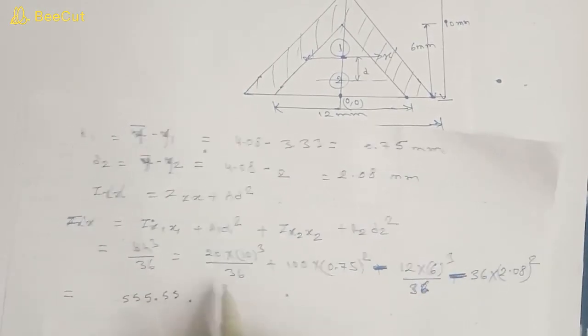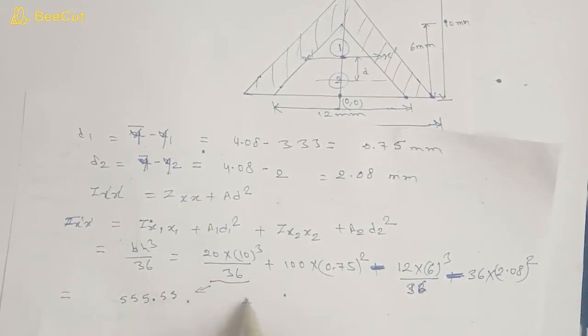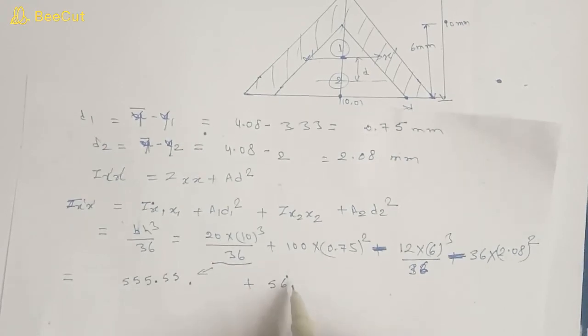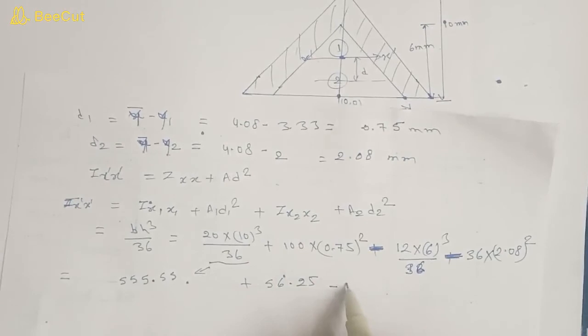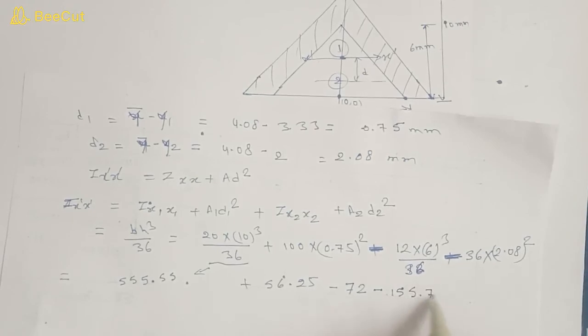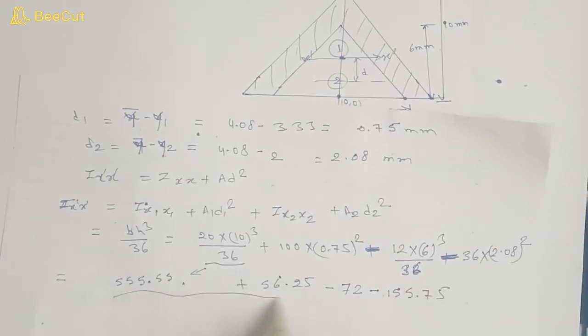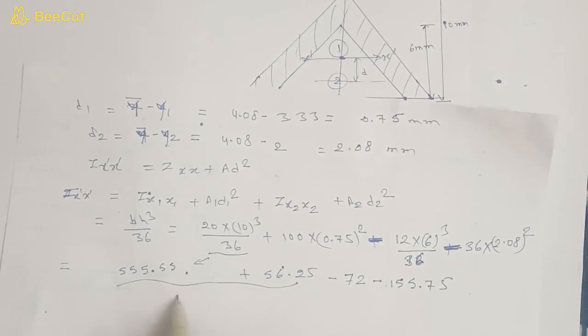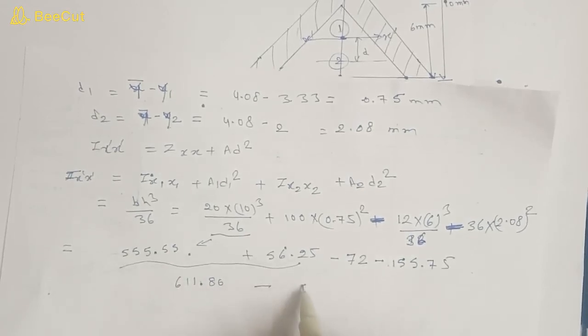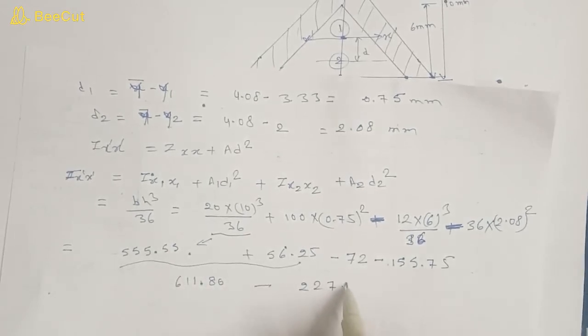So we will get 555.55 for this value, plus this value 56.25, giving 611.80. Minus this value, 72, then minus 155.75, this will become minus 227.75.